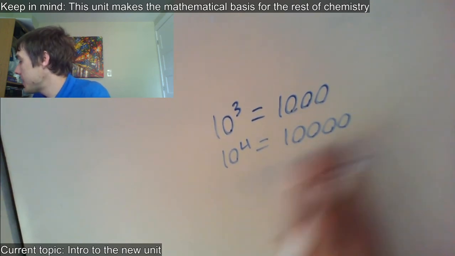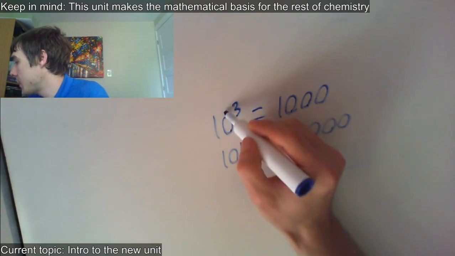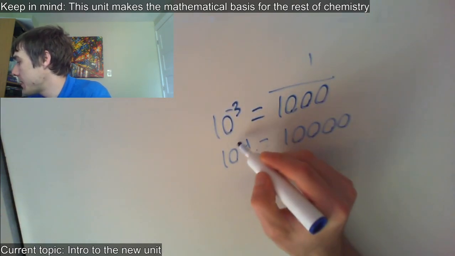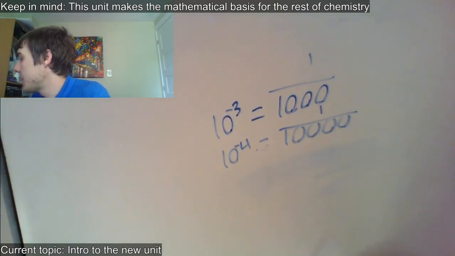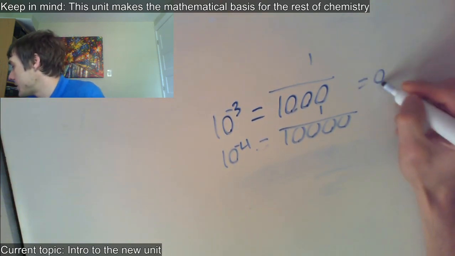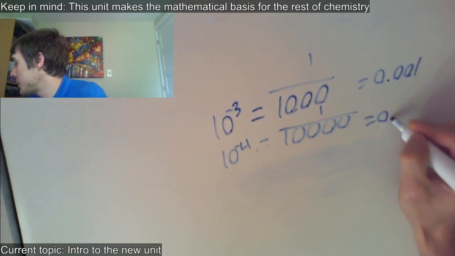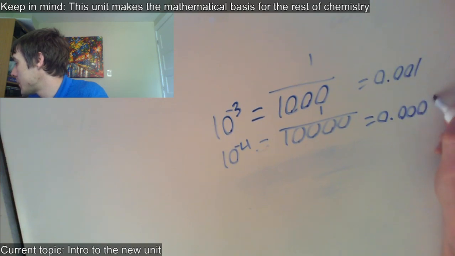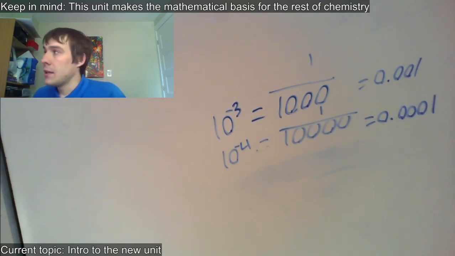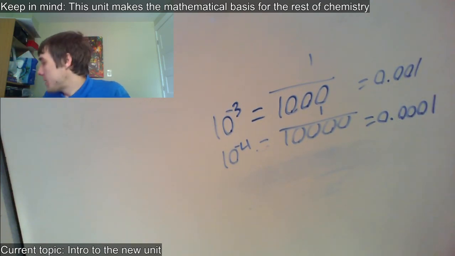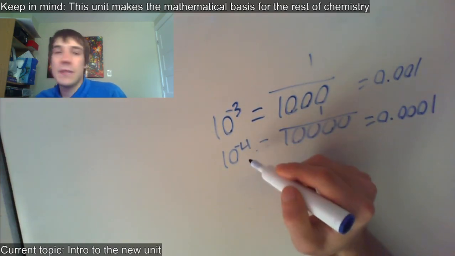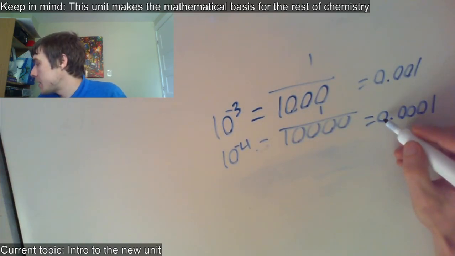And what happens here is if it's 10 to the negative 4 and 10 to the negative 3, it's 1 divided by 10,000, which is 0.0001, and 1 divided by 1,000, which is 0.001. A neat shortcut, only when it's powers of 10, is the number of zeros.